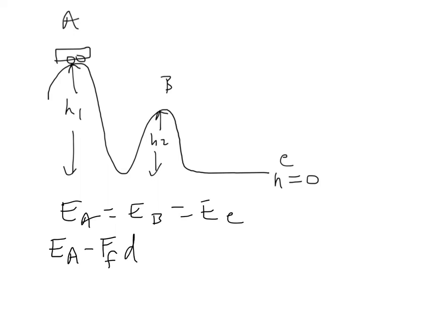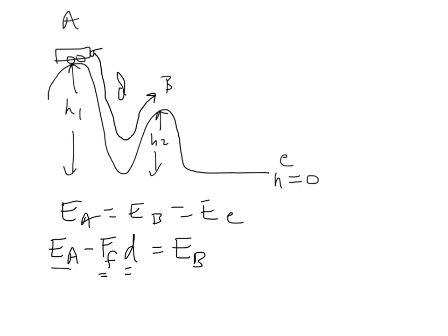That would be the force of friction, let's say from here to there, all along the way. We'll call that distance d, and the force of friction is acting over that distance. So whatever energy I start with minus the energy lost due to friction should equal the energy left over at B.